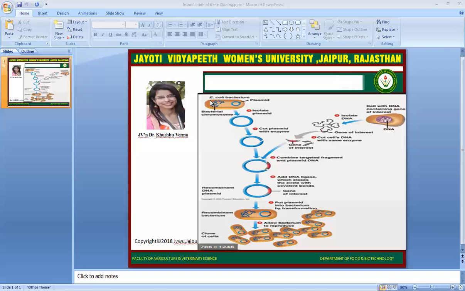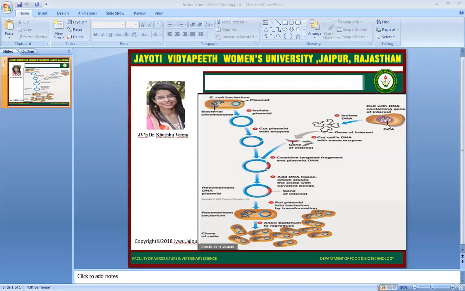It has its own chromosome, but it also has extra chromosomal material known as plasmid. The first step is to isolate the plasmid and then cut the plasmid with enzymes. These are specific enzymes known as restriction enzymes.